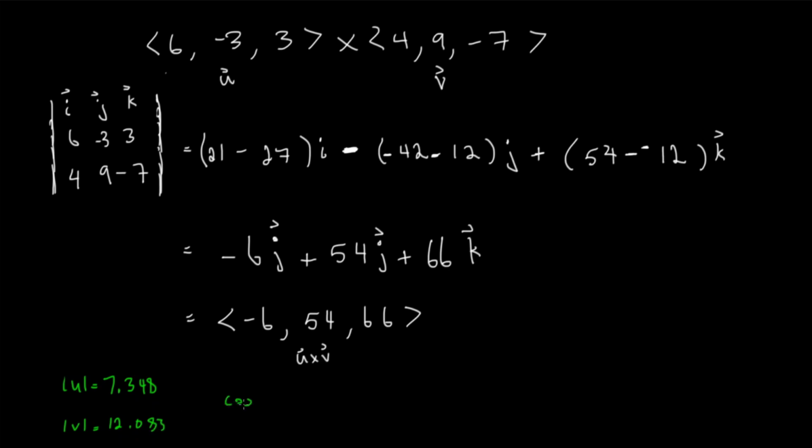The cosine of theta is u dot v over the magnitude of u times the magnitude of v. That ended up being some number. But when I took the arc cosine of u dot v over u v, that ended up being 105 degrees, right?